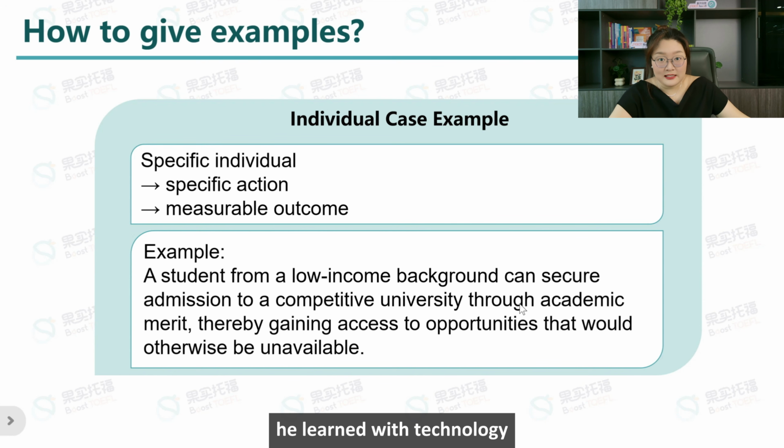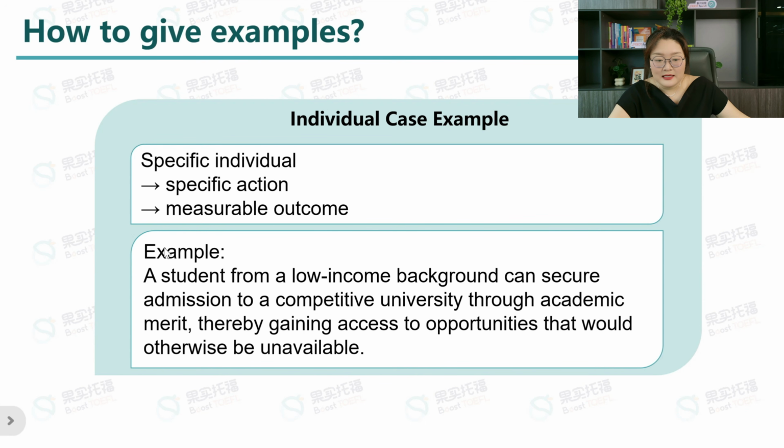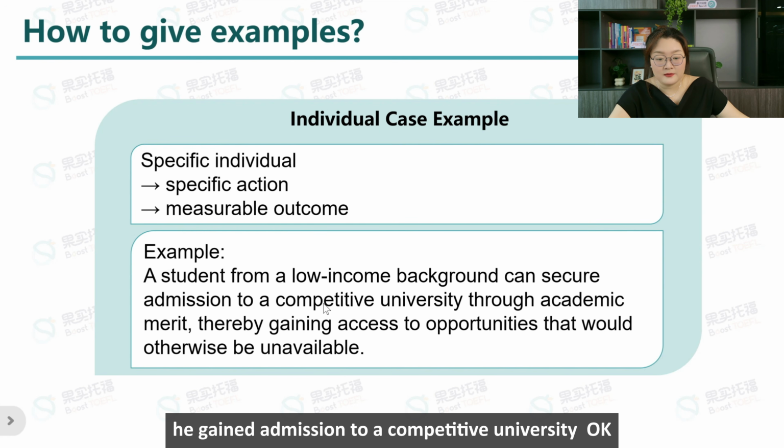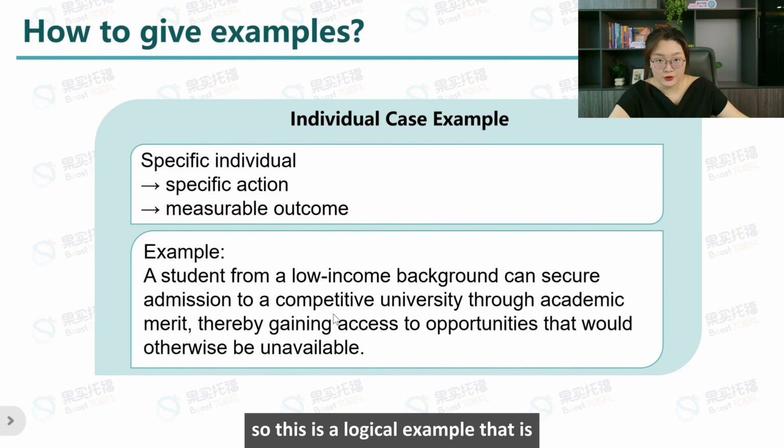He learned with technology. And then what's the measurable outcome? He gained admission to a competitive university. So this is a logical example that is truly relevant to our writing. Remember this logic in your mind: a specific person did specific things and gained a specific measurable outcome.